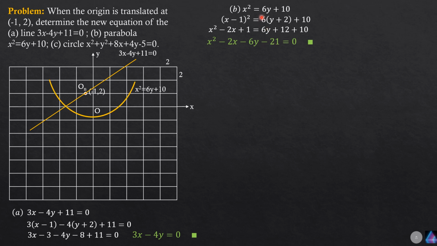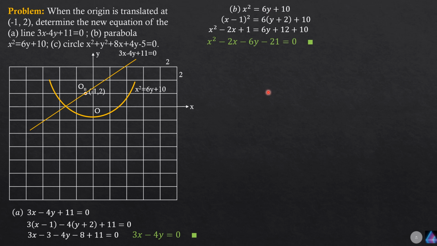If we transform this to the standard form, we have x squared equals 6 times quantity y plus 5/3, to make it 6y plus 10.